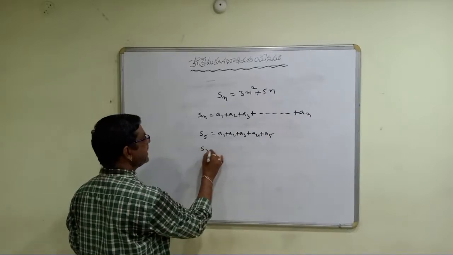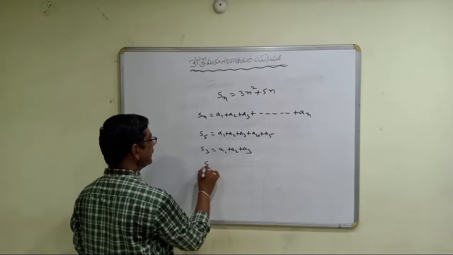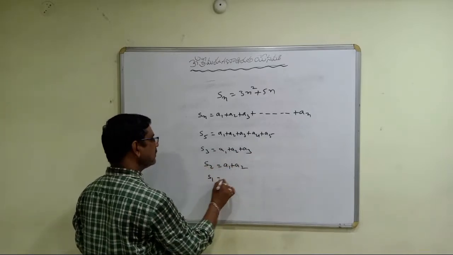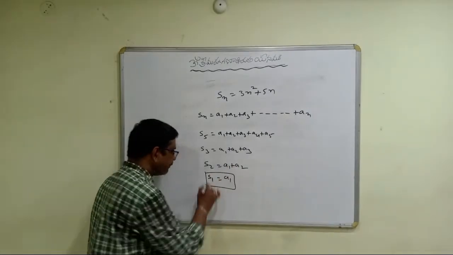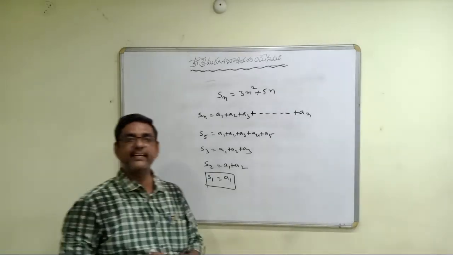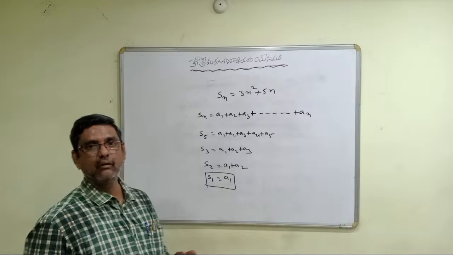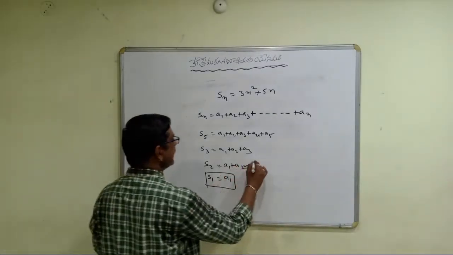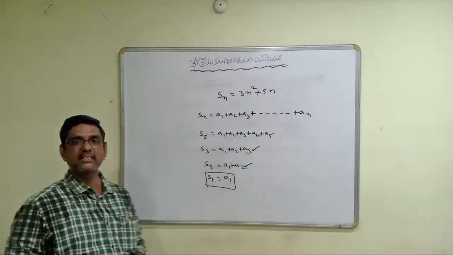What is S3? A1 plus A2 plus A3. What is S2? A1 plus A2. What is S1? Which is nothing but A1. This is a very important point. S1 is A1 only. And S2 is A1 plus A2. S3 is A1 plus A2 plus A3.